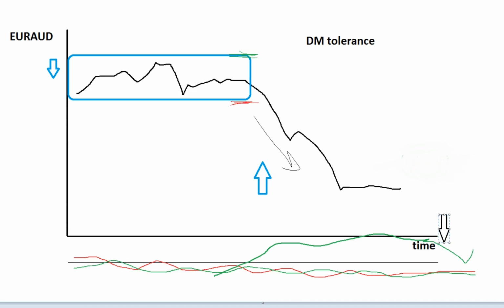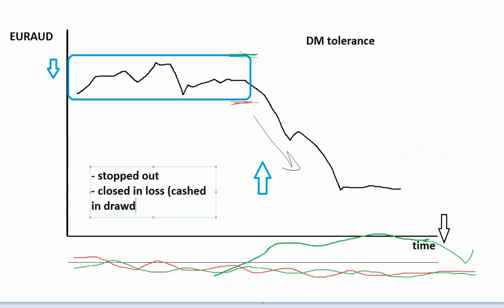And this means that most of the longies either got stopped out, or they closed in a loss, so they cashed in the drawdown, or if they were also over leveraged, they got a margin call, etc.